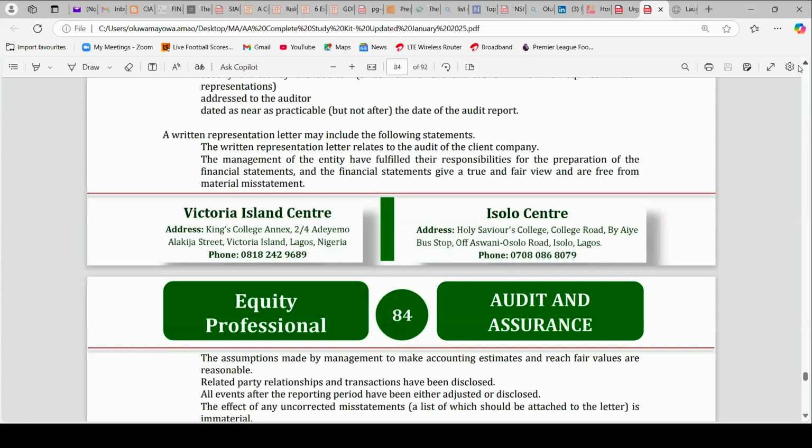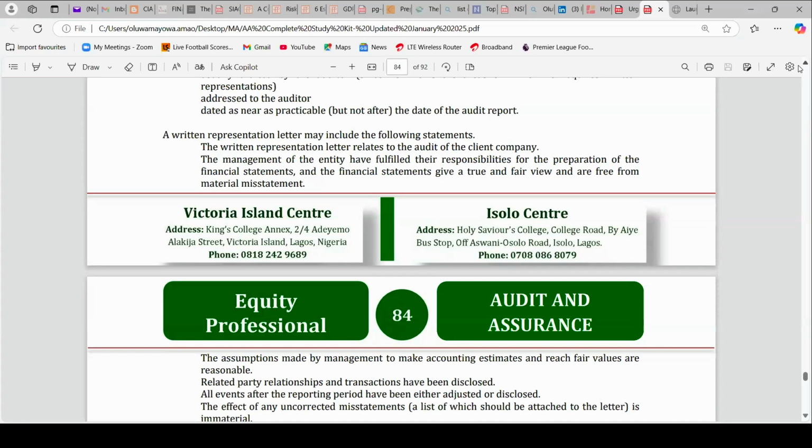Now, written representations can come in different forms, but there is one that will be provided at the end of the audit that will cover all of this. There are some smaller written representations, some small documentation that the auditor will need to seek for clarity or some audit evidence.